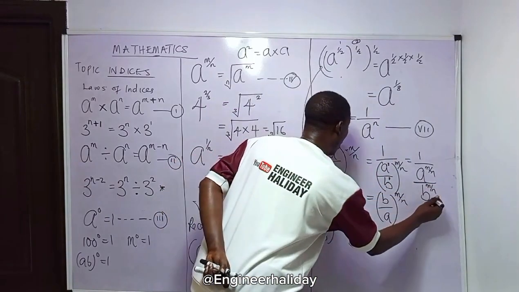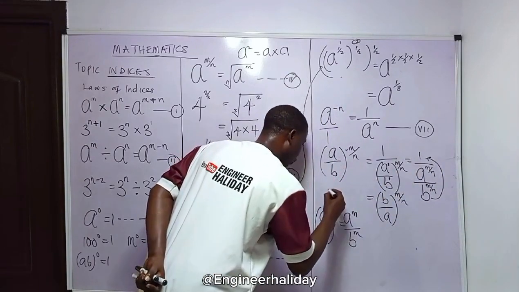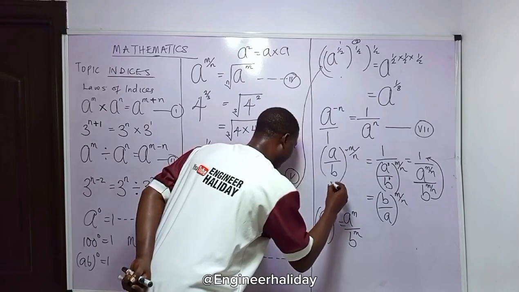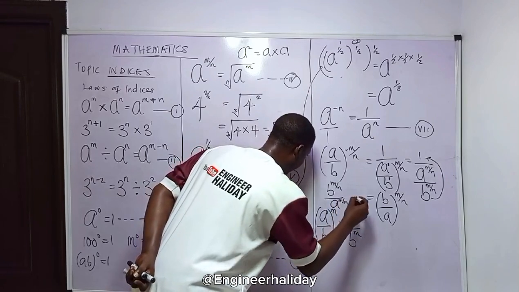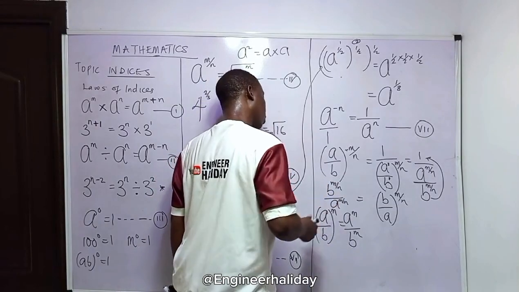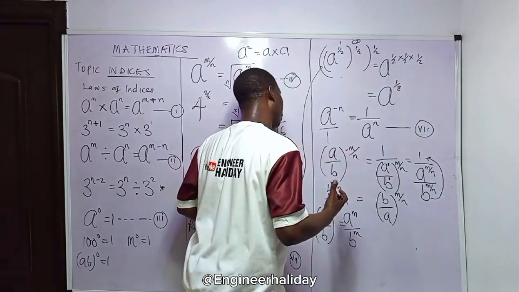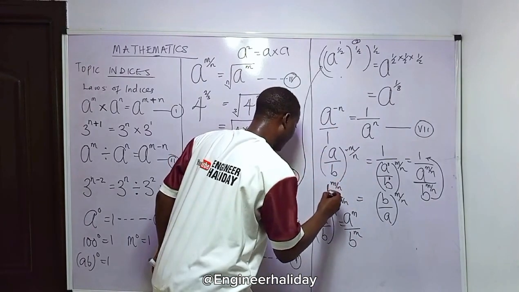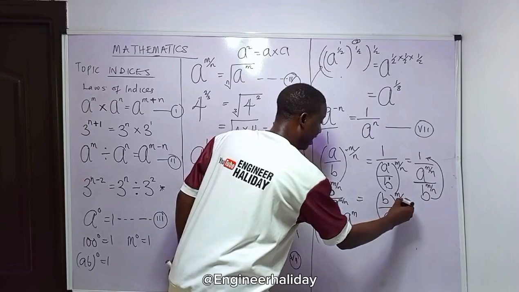Now this one will now go up as what? B, which will now give you what? B raised by m over n all over what? A raised by m over n. Now if you want to take it back to what it was, that means you want to bring the m over n to enclose the general bracket. So I want to have b over a, then we bracket everything as what?